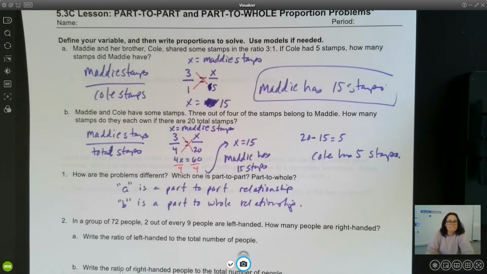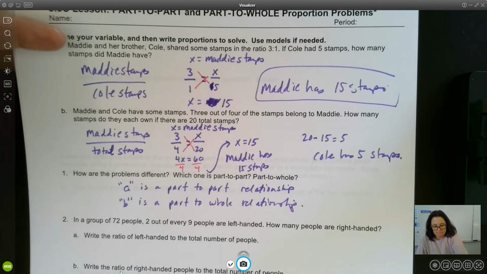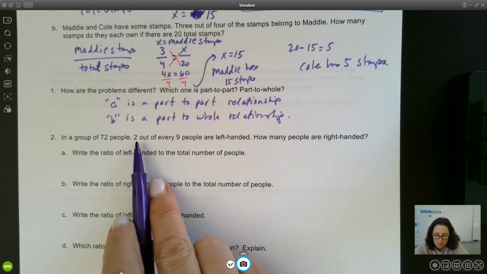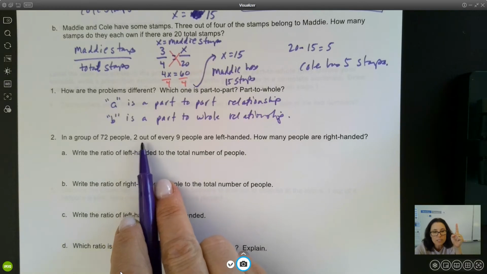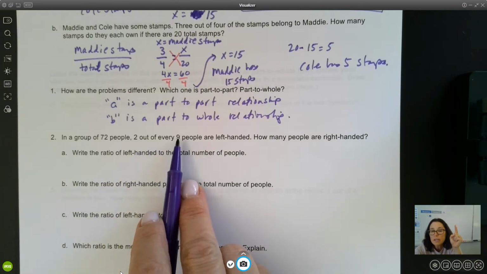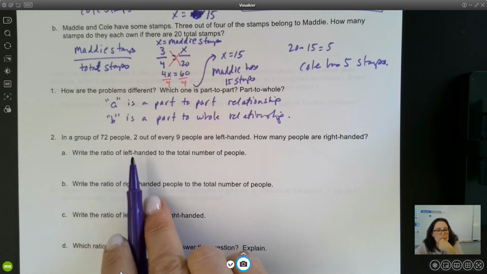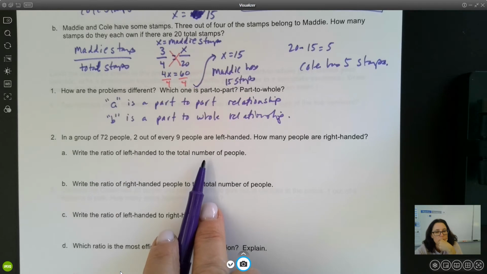In a group of 72 people, 2 out of every 9 people are left-handed. So it's really important to think about it like this: 2 are left, 9 is total, 7 would be right-handed then. What is the ratio of left-handed to total number of people?